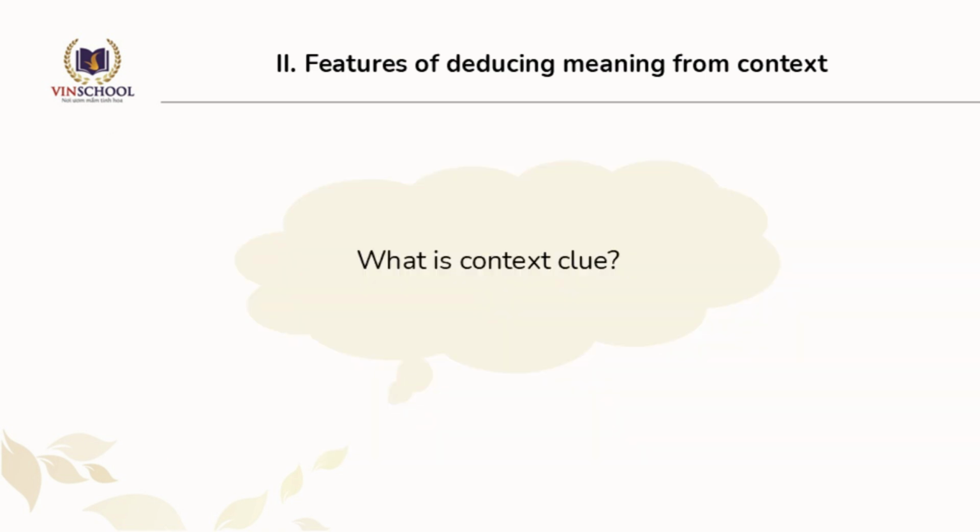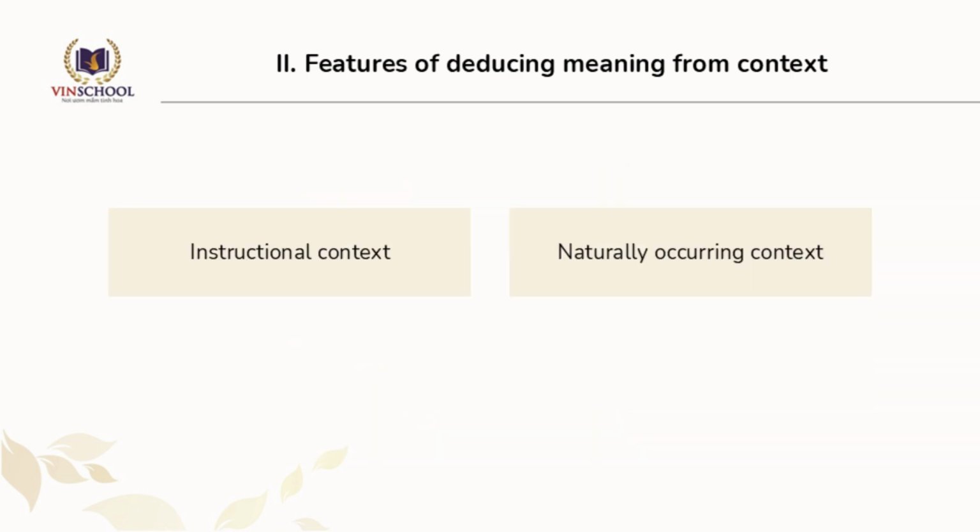So what is a contextual clue? To answer this, let's first explore the term context. According to Beck, 2002, when we talk about deducing meaning from context, we identify two main types: instructional contexts and naturally occurring contexts.